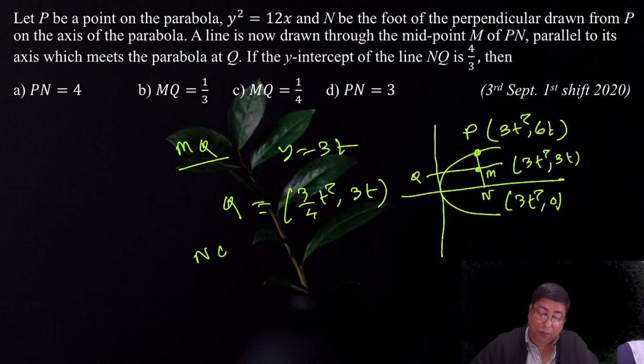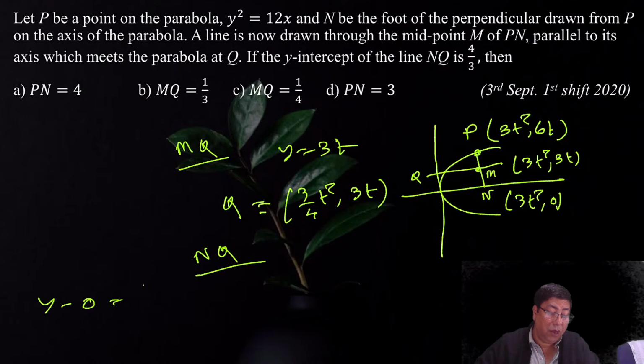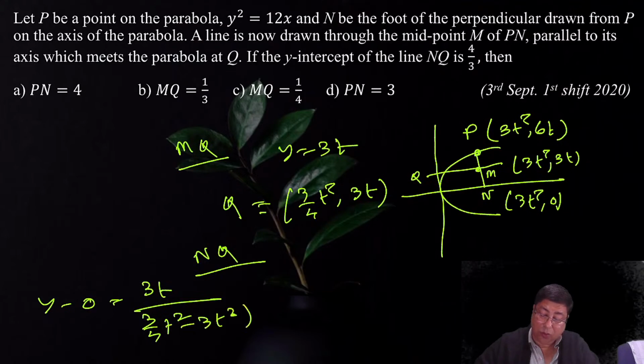Now what is the equation of the NQ? y minus y1 equal to (3t minus 0) by (3 by 4 t square minus 3t square) into x minus x1, where x1 is 3t square.